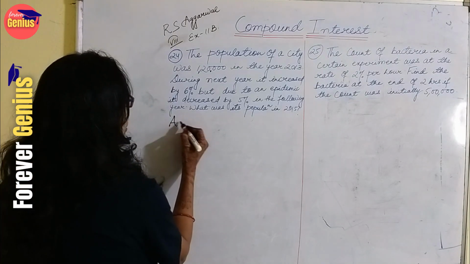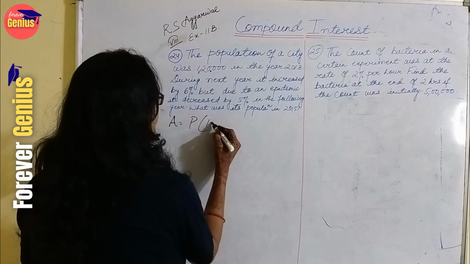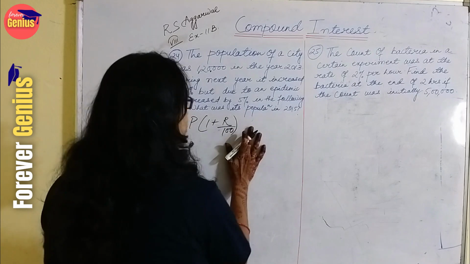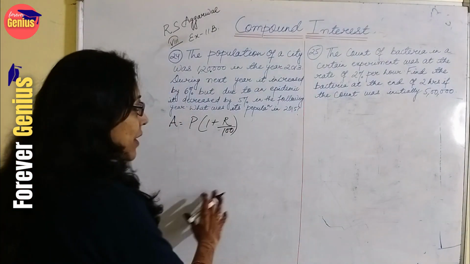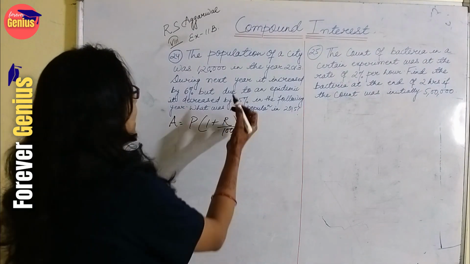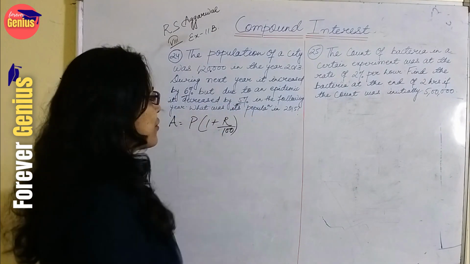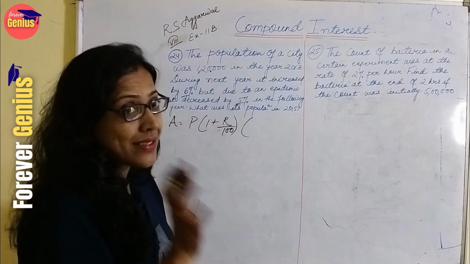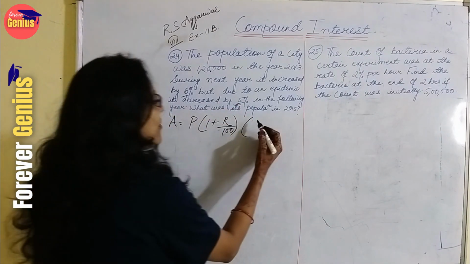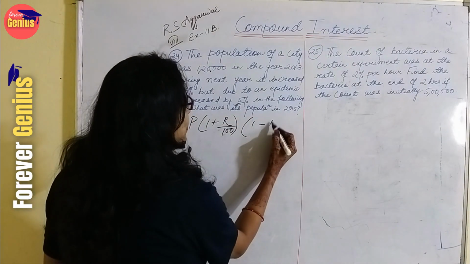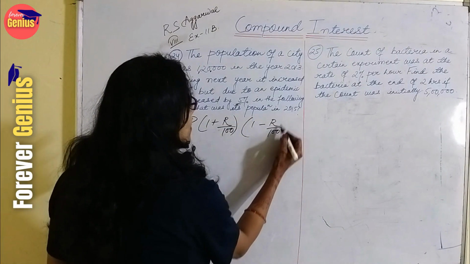So A is equal to P into 1 plus R by 100, and we will not write a power, because though the time is 2 years, the rate is different. So we are supposed to write it separately here. Here it is decreasing, so instead of addition, dear students, I will subtract the rate.